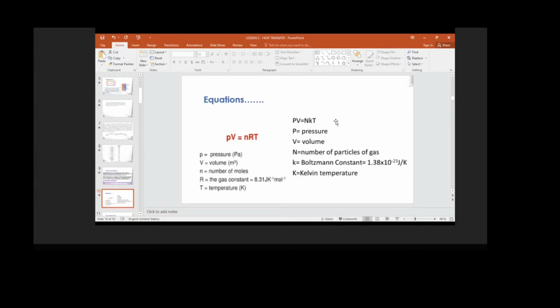I probably would have students who would do chemistry. What is the relationship between moles and the number of particles of a gas? Anyone? What's the relationship that is there?